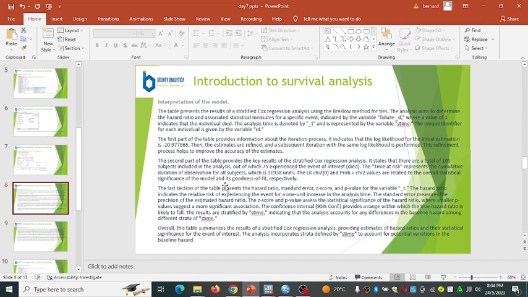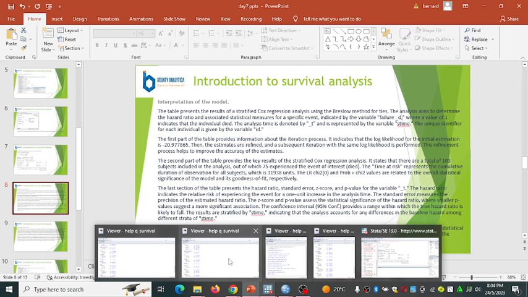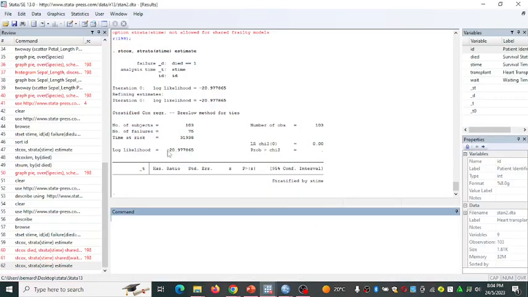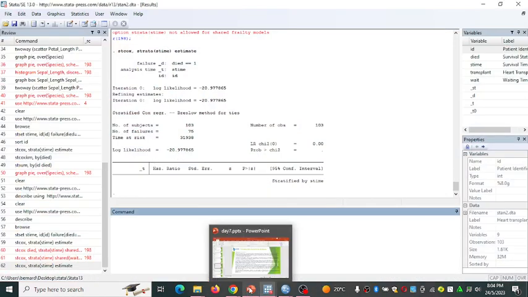So the first part of the table provides information about the iteration process. It indicates that the log likelihood of the initial estimation is negative 20.97 something. This part here, the log likelihood.